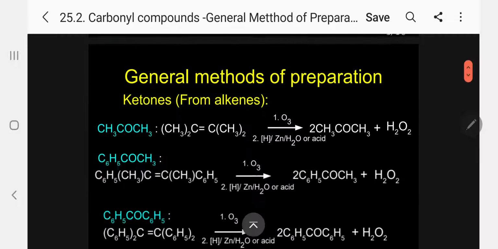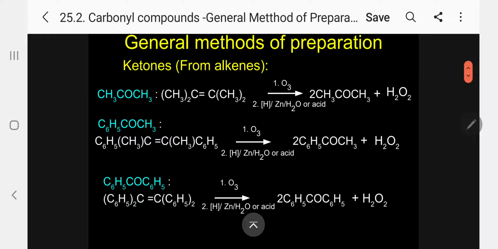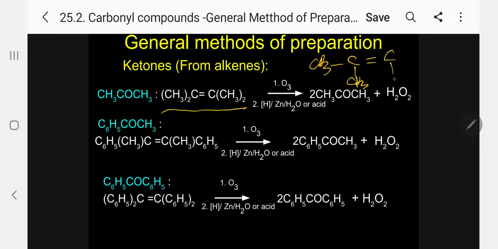The same way, for the corresponding ketone, I will take this alkene. What is this alkene? Let me expand the structure so you can easily understand. Kindly follow. This is that structure. Now you can easily understand this is the main chain.